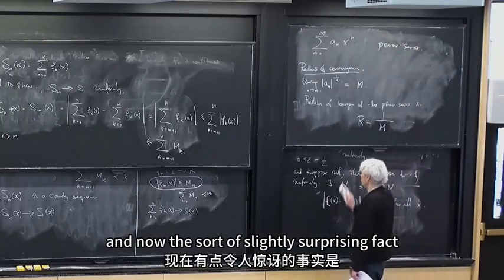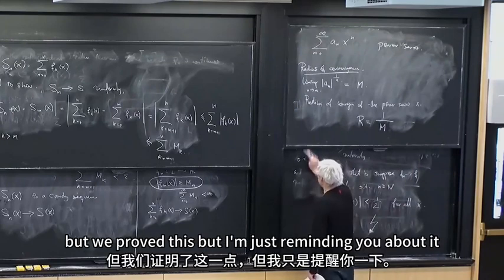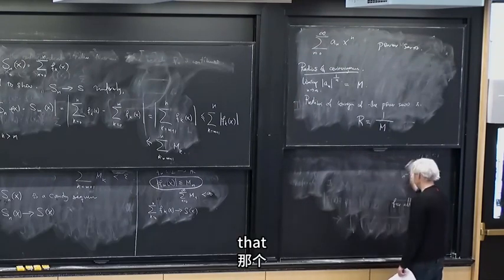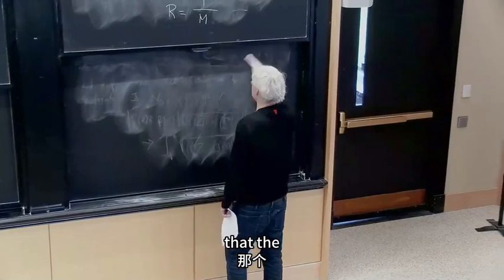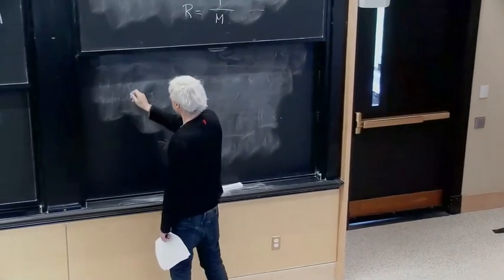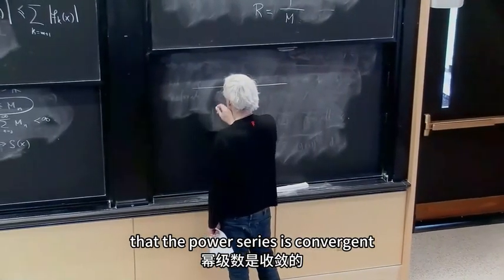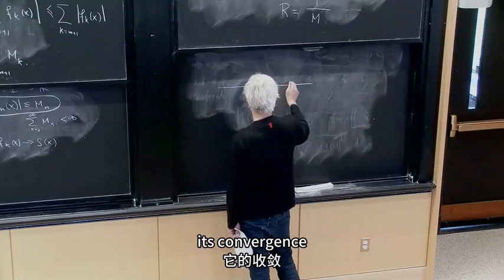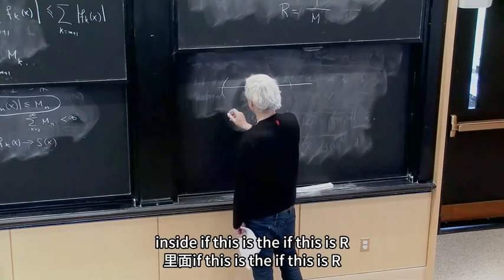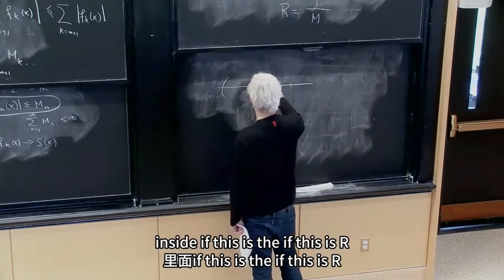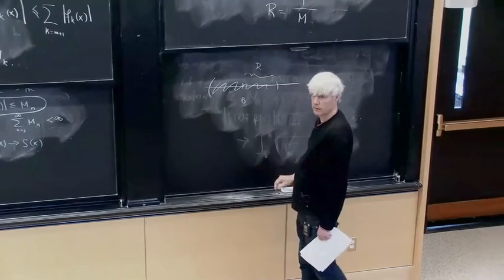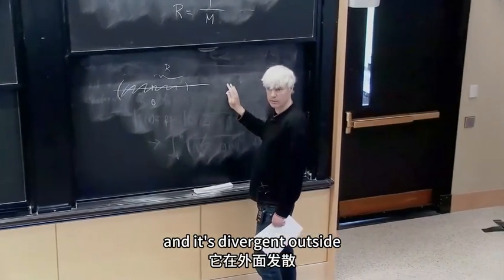And now the slightly surprising fact, which we proved, but I'm just reminding you about it, is that the power series is convergent inside. If this here is R, it's convergent inside here, and it's divergent outside.